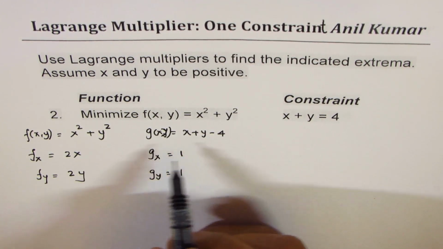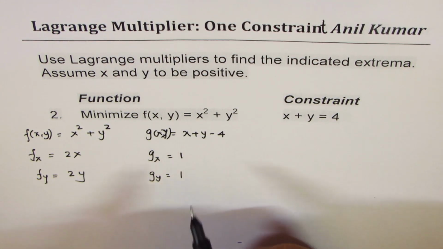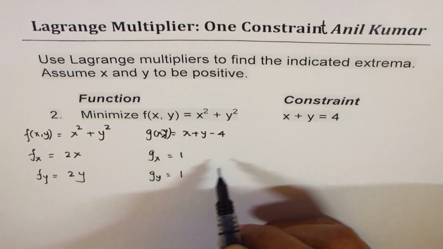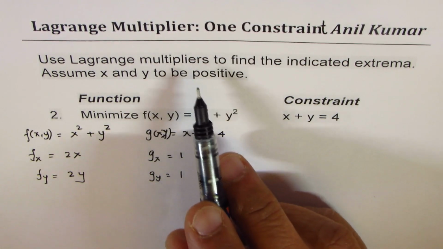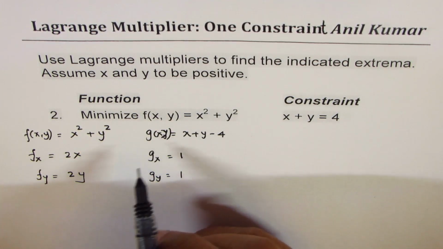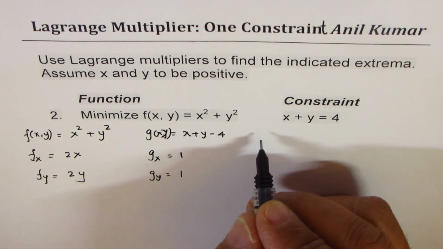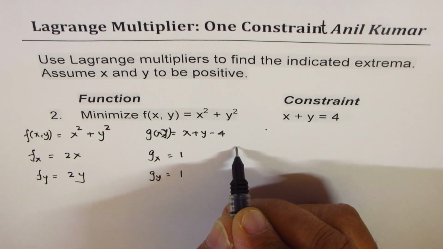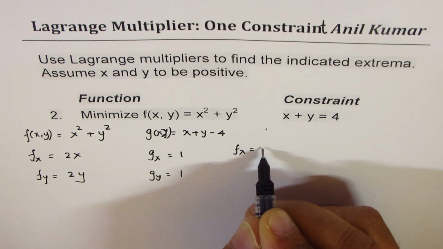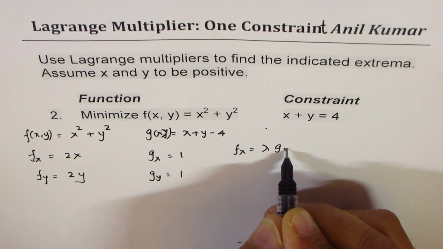So when you do partial derivatives, the other term is considered to be a constant, right? Now we'll follow the Lagrange multiplier, and that is to say that f of x is equal to lambda times g of x, correct?